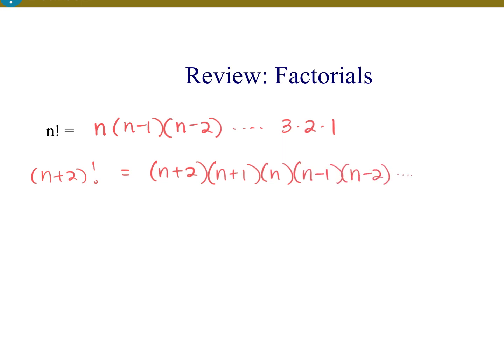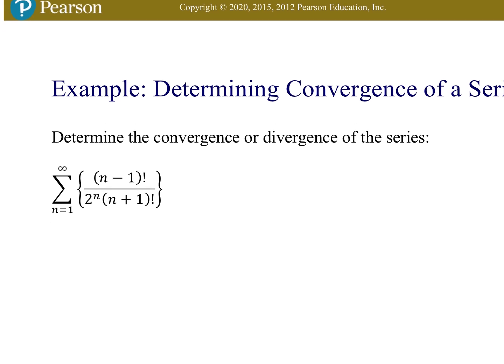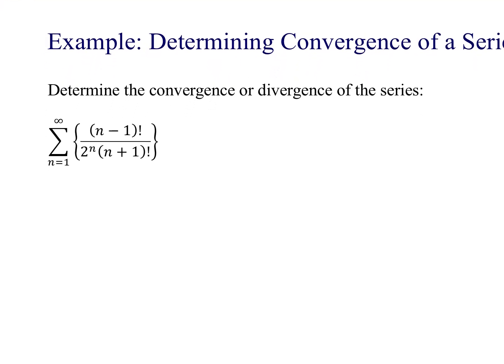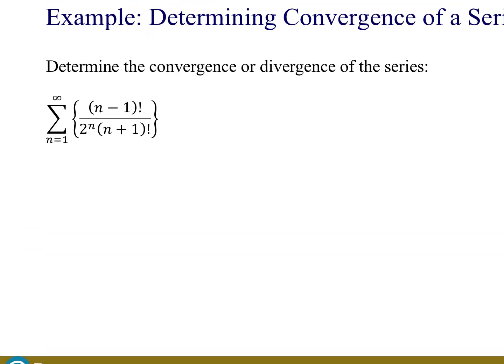And then I get eventually down to 3, 2, and 1. It really doesn't matter to me which direction you want to do it, whether you want to go from big to small or small to big. Having that understanding is going to help you determine the divergence or convergence of a series that has factorials in it.